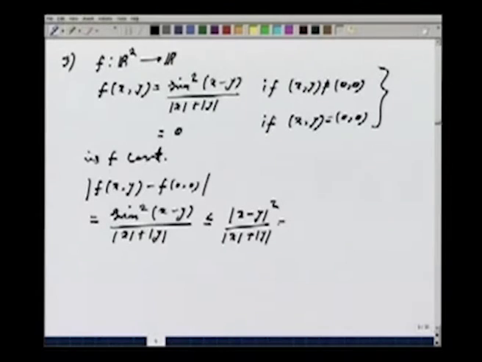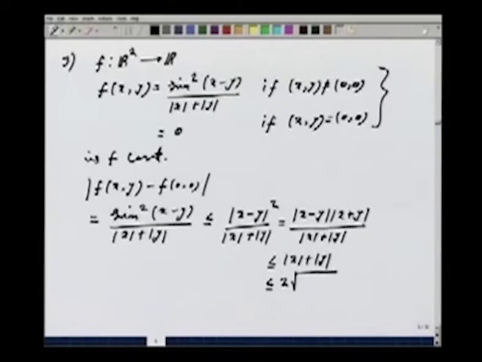Which is the same as mod x minus y, which is obviously less than or equal to mod x plus mod y, which is then less than or equal to something.